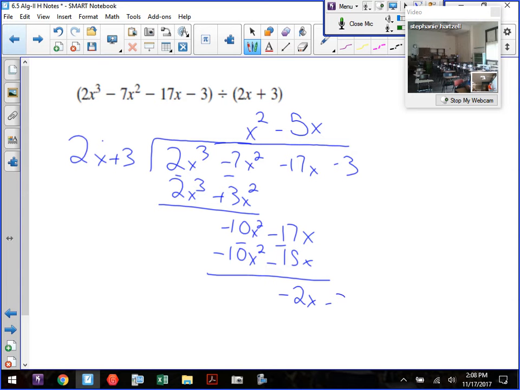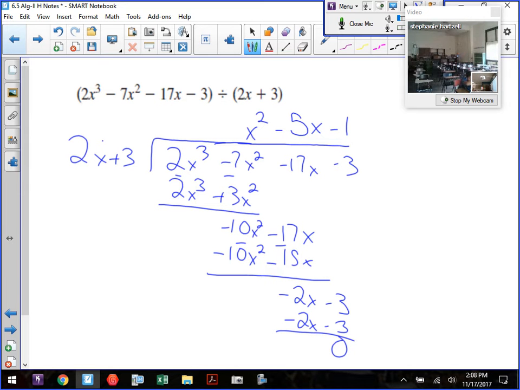Bring down the negative 3. What do you multiply a 2x by to turn it into a negative 2x? Negative 1. And it works cleanly.